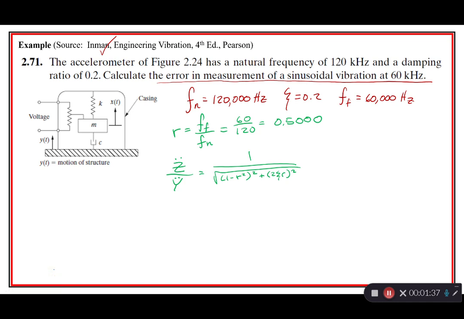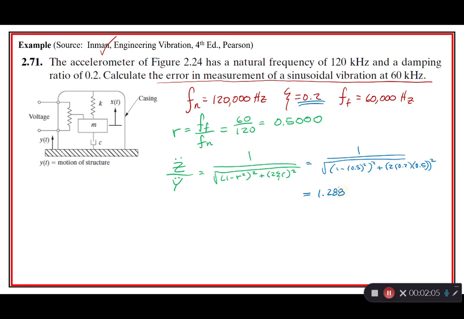So plug in numbers: 1 minus 0.5 squared, whole thing squared, plus 2 times 0.2 times 0.5, whole thing squared.